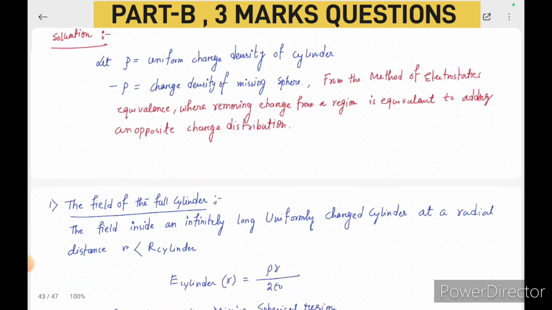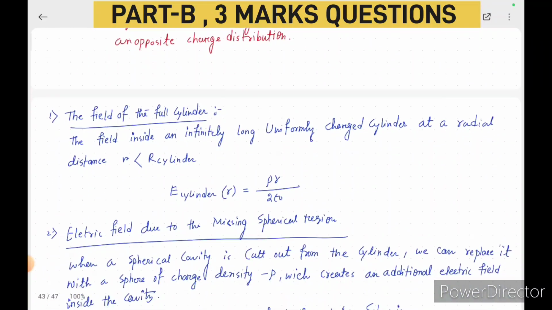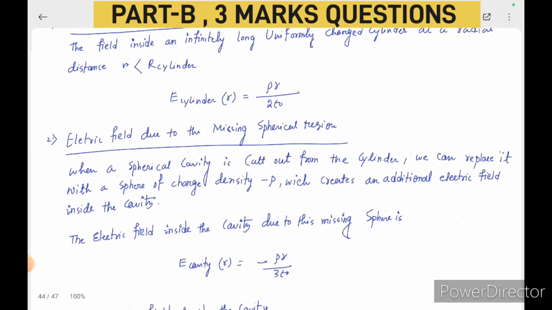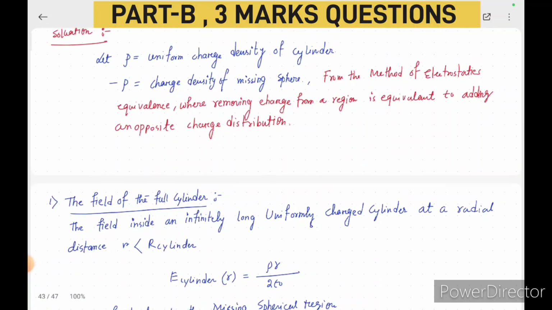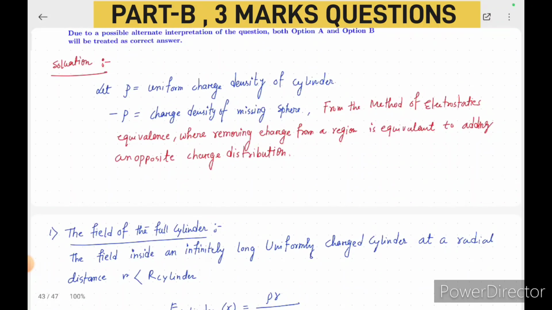This we get from the electrostatics method of equivalence principle. Let rho be the uniform charge density of the cylinder, and minus rho the charge density of the missing sphere.